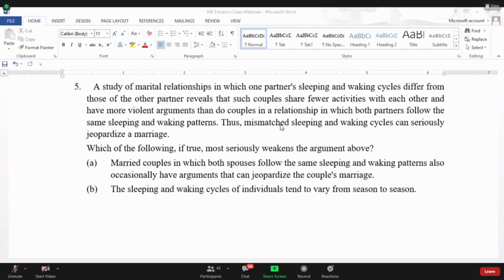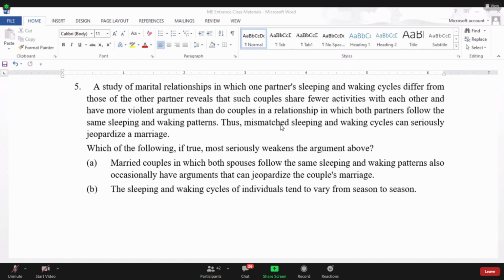It means even those marriage partners who have the same sleeping and waking patterns, their marital relationship is also in danger. Right? That is the opposite.